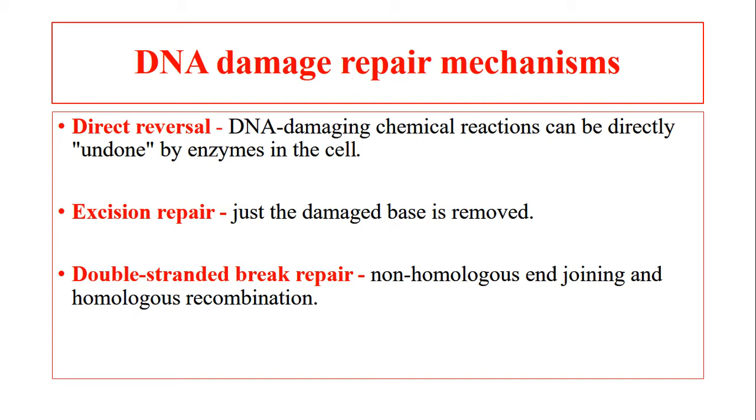In nucleotide excision repair, as in the mismatch repair we saw above, a patch of nucleotides is removed. And double-stranded break repair. Two main pathways, non-homologous end joining and homologous recombination, are used to repair double-stranded breaks in DNA. That is when an entire chromosome splits into two pieces.